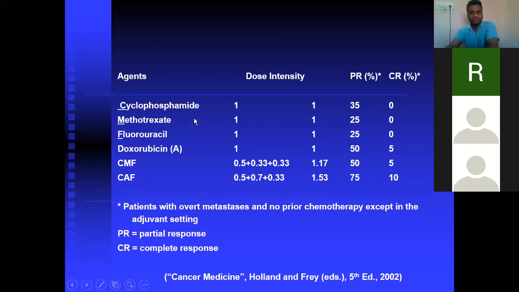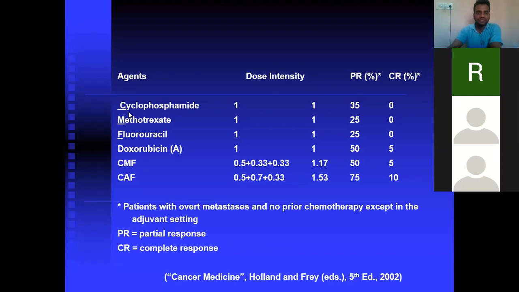See, C for cyclophosphamide, M for methotrexate, F for fluorouracil, A for doxorubicin. Here, this is the dose intensity. PR is for partial response, CR is for complete response. You can see how potent the agent is, and which agent causes how much partial response and complete response.